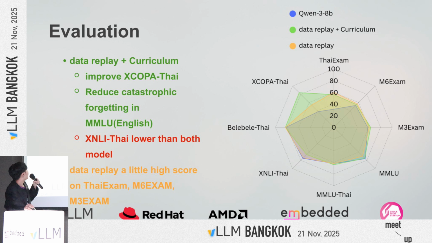But there is something to explore on XNLI Thai, because it is lower than both the Qwen base model and the base with data replay. And data replay has a slightly higher score on the Thai exam, MC exam, and M6 exam. It's based on the exams only. I don't know why, but I need to explore more.